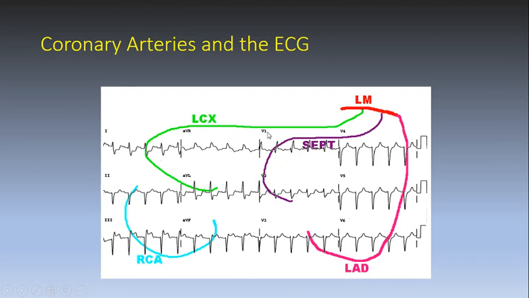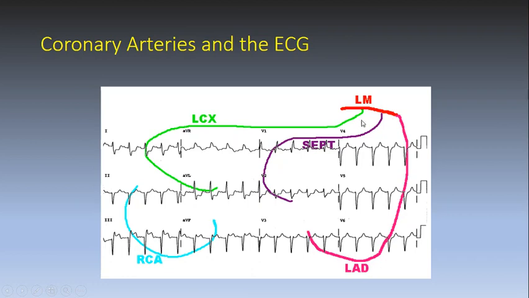So with this, it's an easy way to tell when you're looking at a 12 lead and trying to figure out there's an MI going on, where is the MI? If there's involvement in 2, 3, AVF, you're going to think right coronary artery. If you're looking at changes in V3, 5, and 6, you're looking at like a mid left anterior descending.